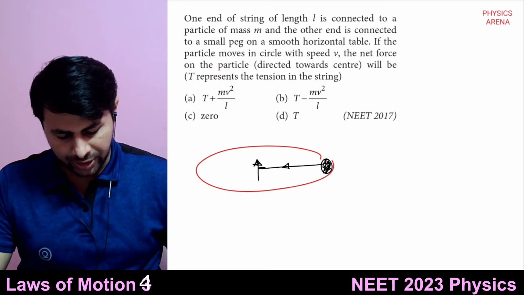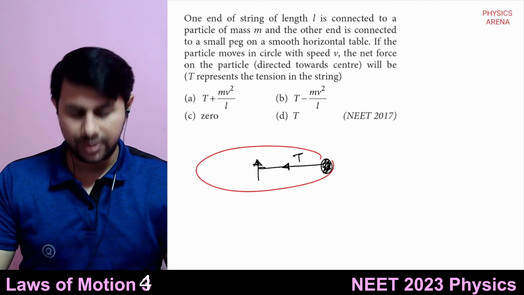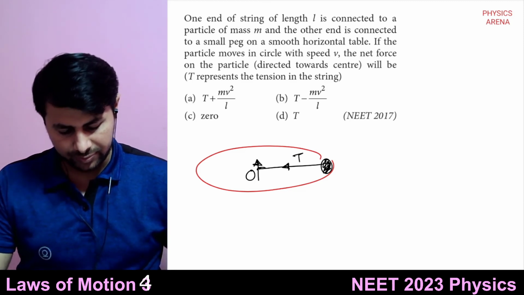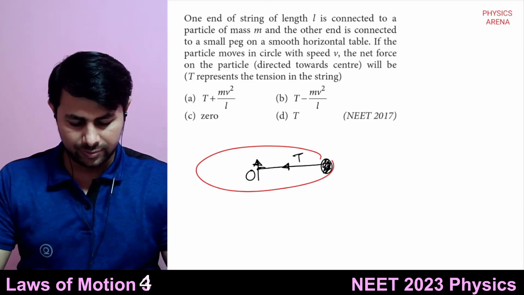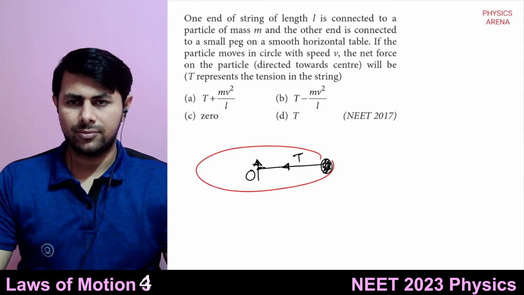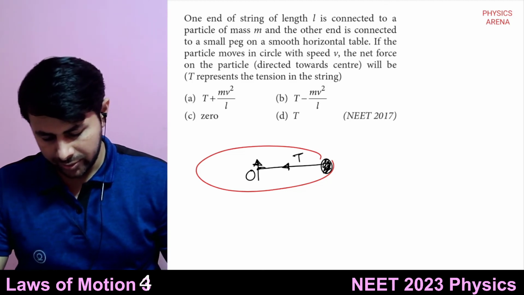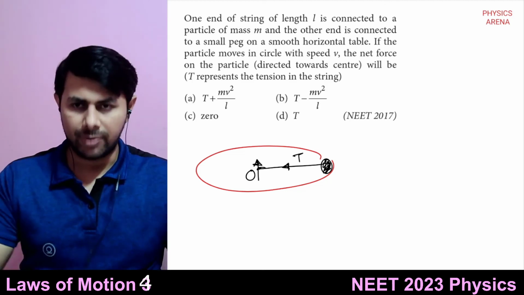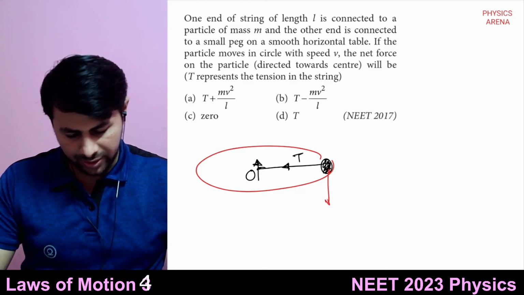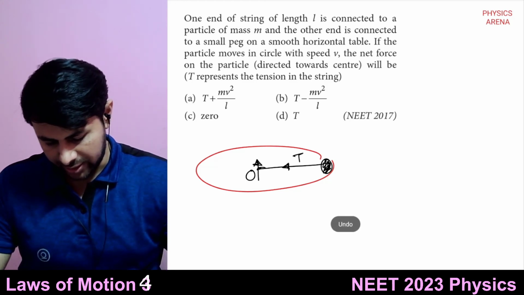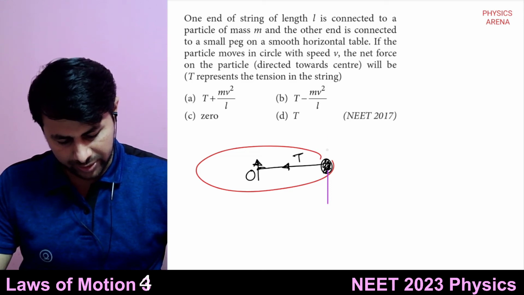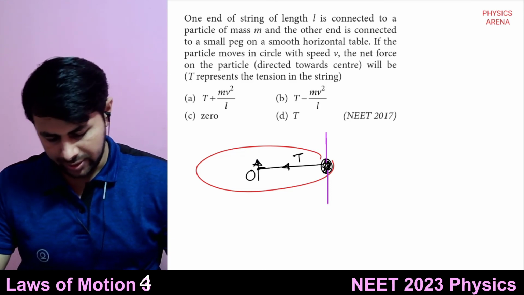So there will be tension in the string acting towards the center. It is resting on a horizontal table, so there is mg acting downwards, and normal reaction due to the table upwards.